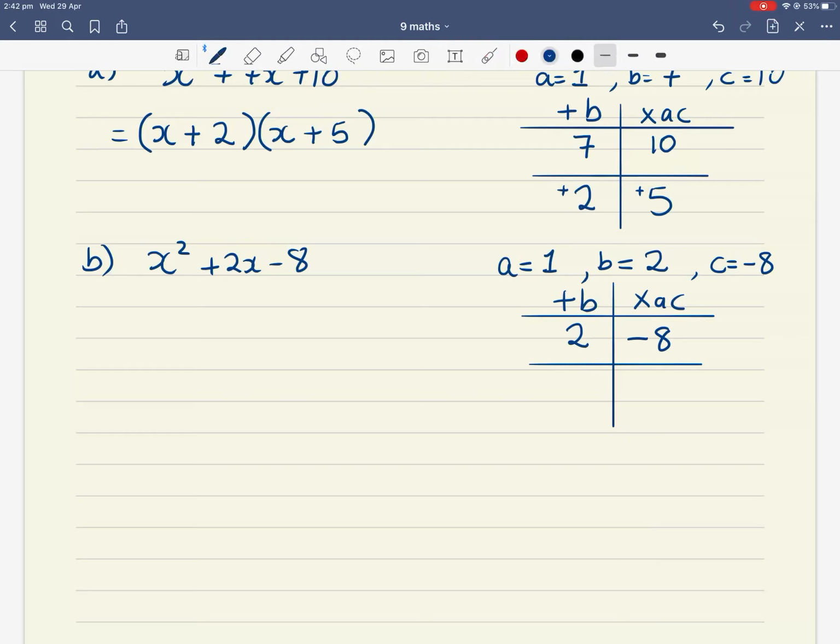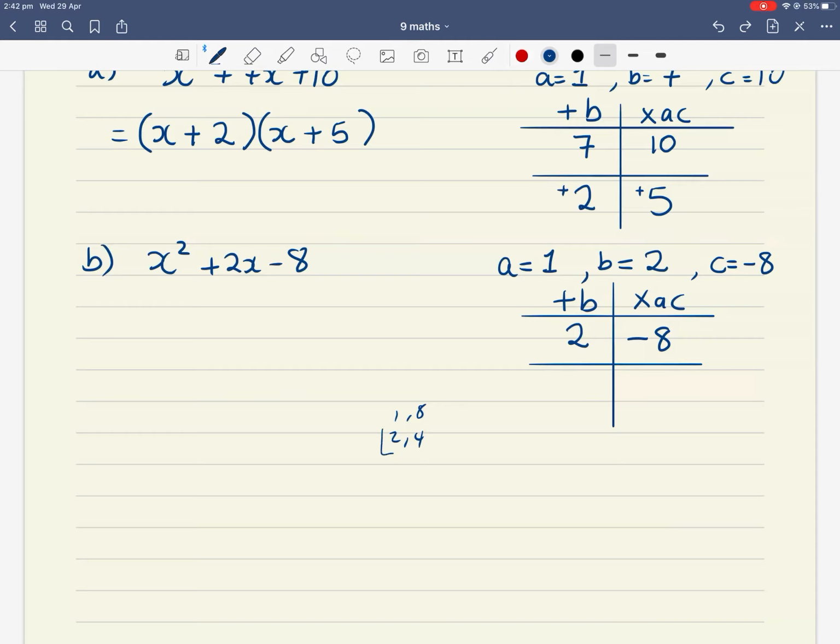So again, think of what are the factors of 8. What 2 numbers multiply together to be 8? Well, you can have 1 and 8 multiplied to be 8, or 2 and 4 multiplied to be 8. Now, between these 2 combinations, which of these numbers can somehow be manipulated to have a 2 gap difference between the numbers?